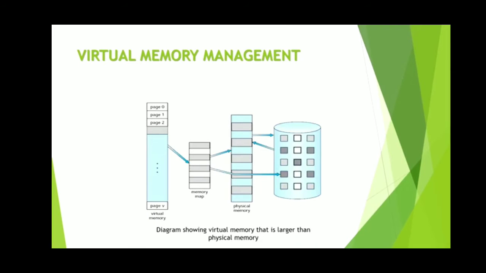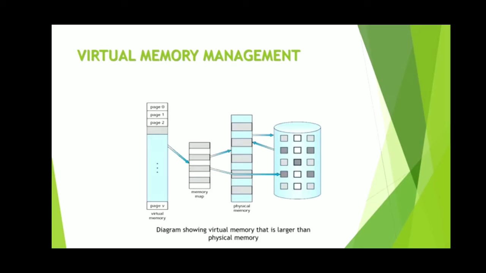As you can see in the diagram showing virtual memory, as the program executes and is being run, at that instant it will map the memory in such a way that it takes the frames as well as the pages from the physical memory.